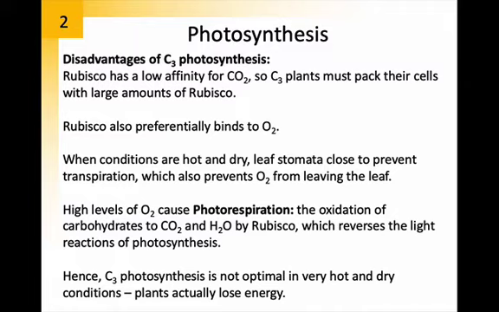The perverse thing about Rubisco is that it also binds to oxygen and can be used to drive the reaction in reverse, taking carbohydrate and breaking it back down into CO2 and water and absorbing energy in the process. So when do you get this?